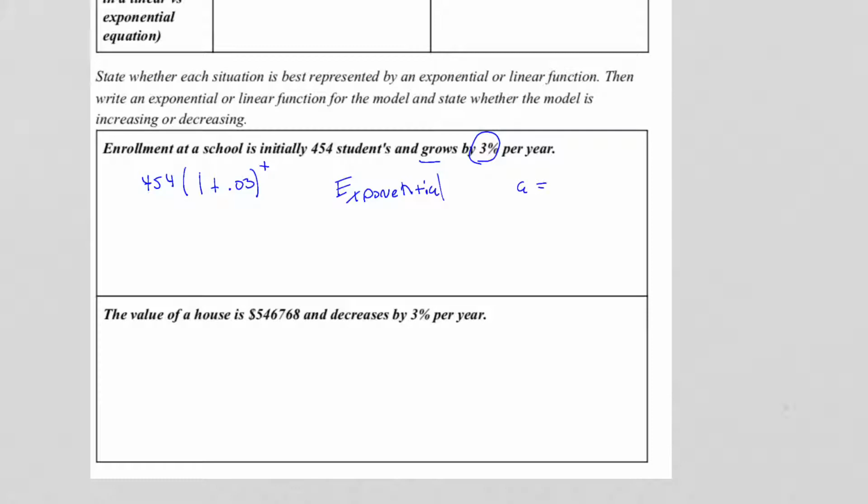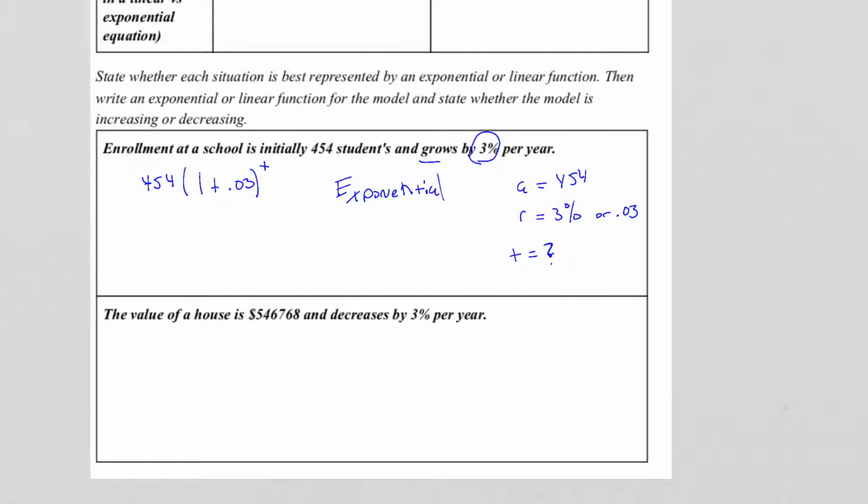And a is 454, the rate is 3%. And t is something we don't know. I don't know how many years they're asking about. But clearly this is definitely also increasing.